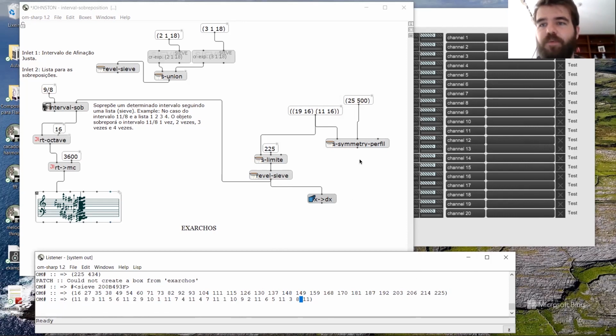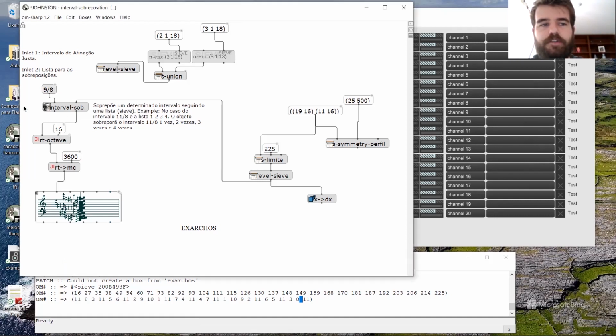So with this idea, I can construct spectral music with a symmetrical spectrum. This object will construct a symmetrical spectrum in just intonation.